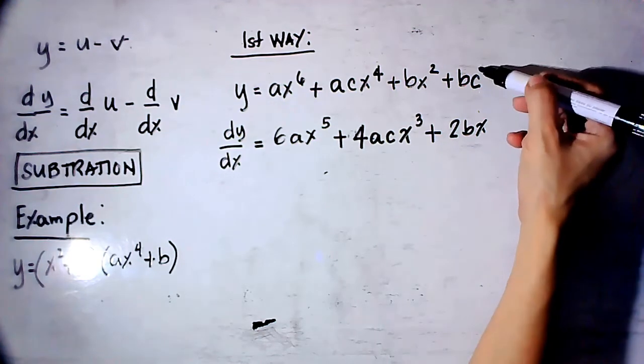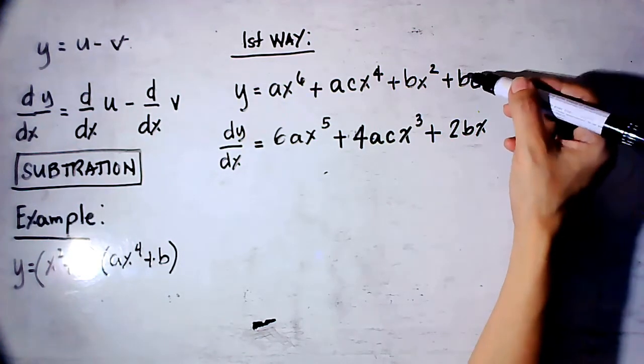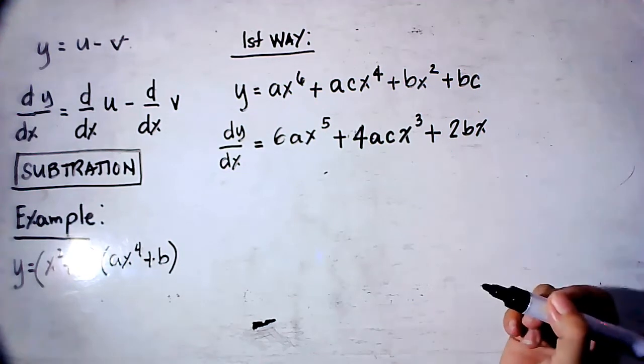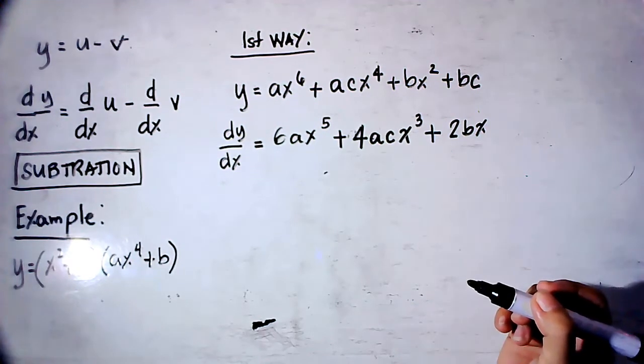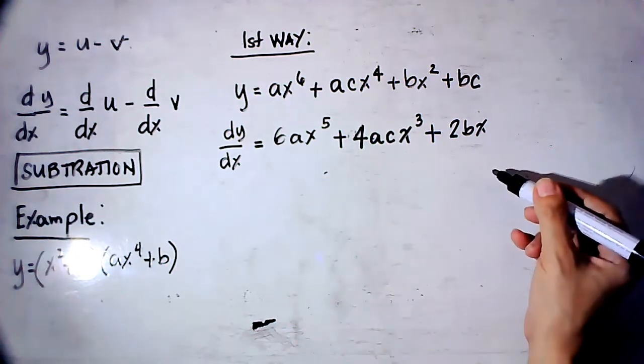And then of course you have b times c, which is a constant, so the derivative of the constant is equal to 0. So this is our first way.